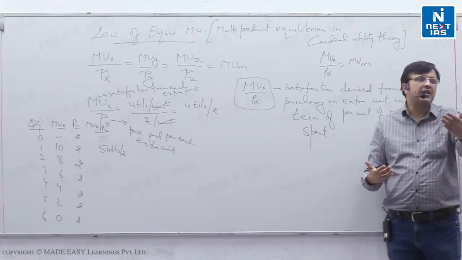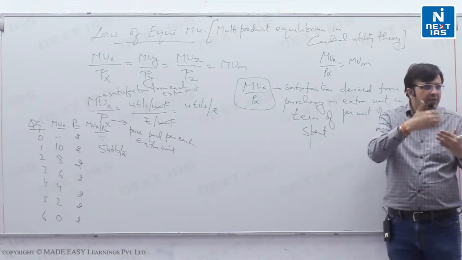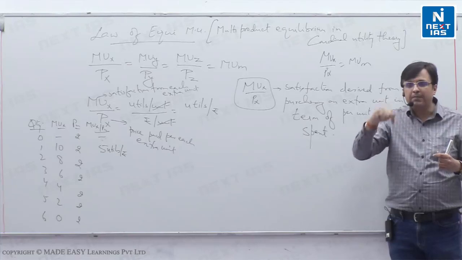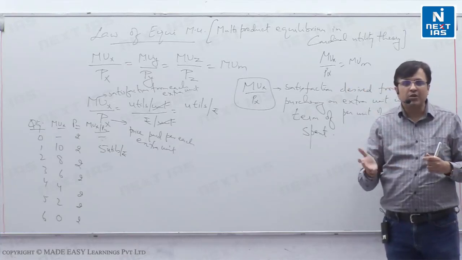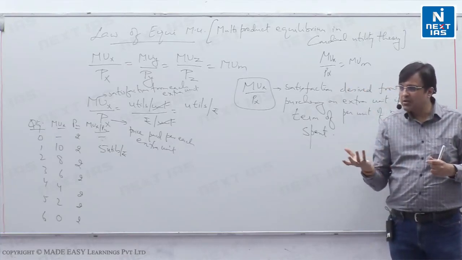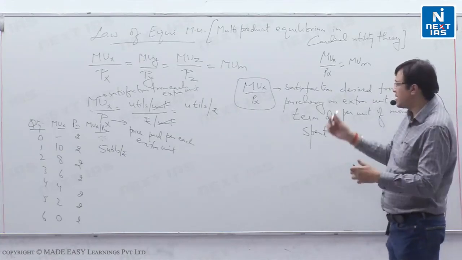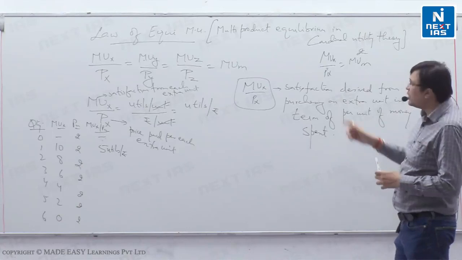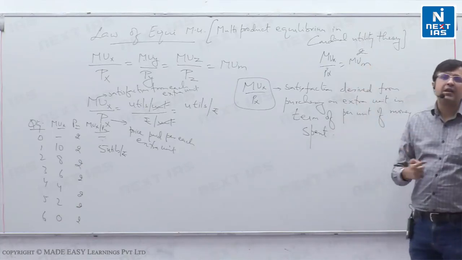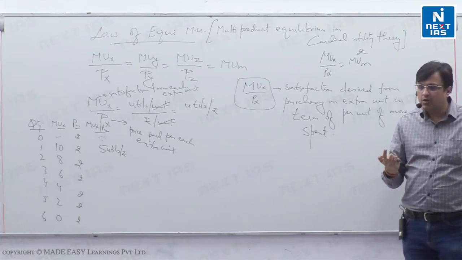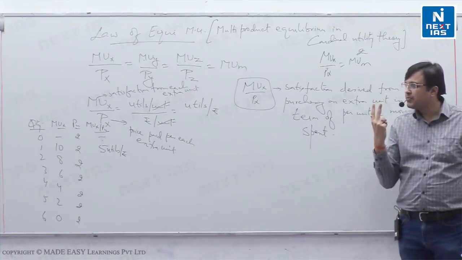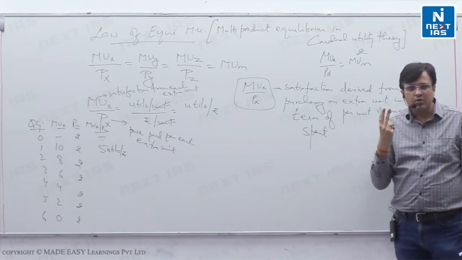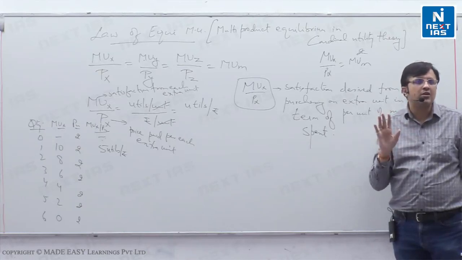Now satisfaction that you get by paying money for it and satisfaction that you lose by paying money for it is what you are comparing. You understand that? Suppose if your MUM, again going by yesterday's example, is 2, then that 2 implies that for each rupee that you have to spend, you will lose 2 utils of satisfaction. I hope there is no confusion on that.